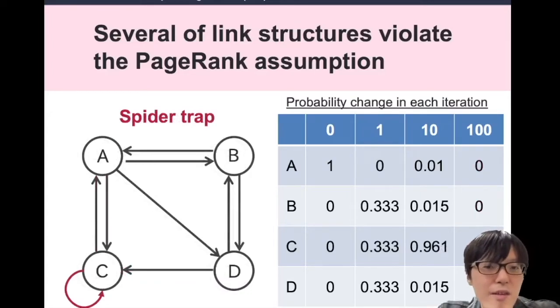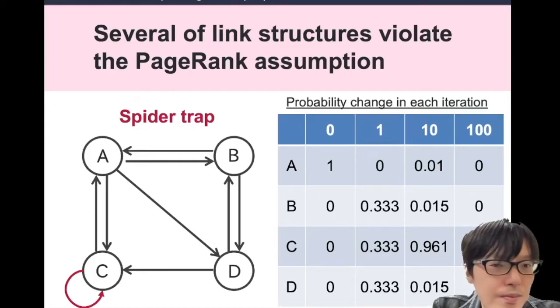The spider trap structure is another example which violates the PageRank assumption. On this graph, node C has an outlink from C to A, and also C has a self-link to itself.